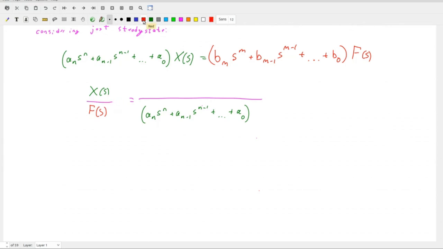Let me write it out, because when I copy to save time, it just makes people who are taking notes by hand fall behind. B m s to the m plus b m minus 1 s to the m minus 1 plus dot dot dot plus b naught, over f of s. Right? I don't need that. You are correct. Thank you.